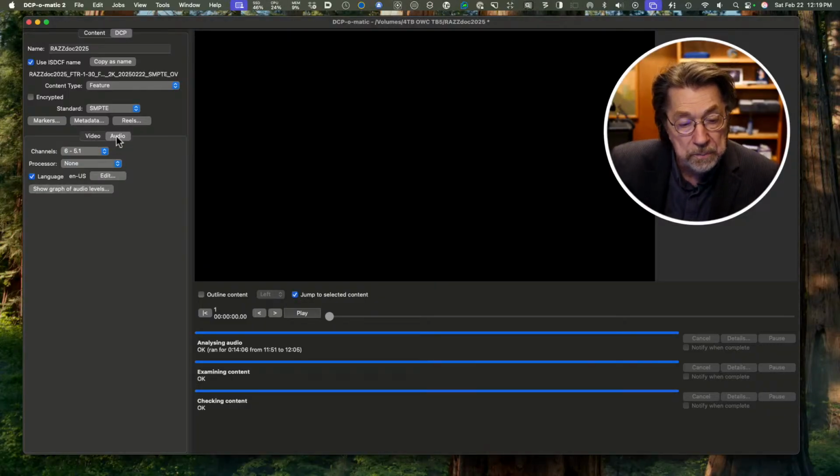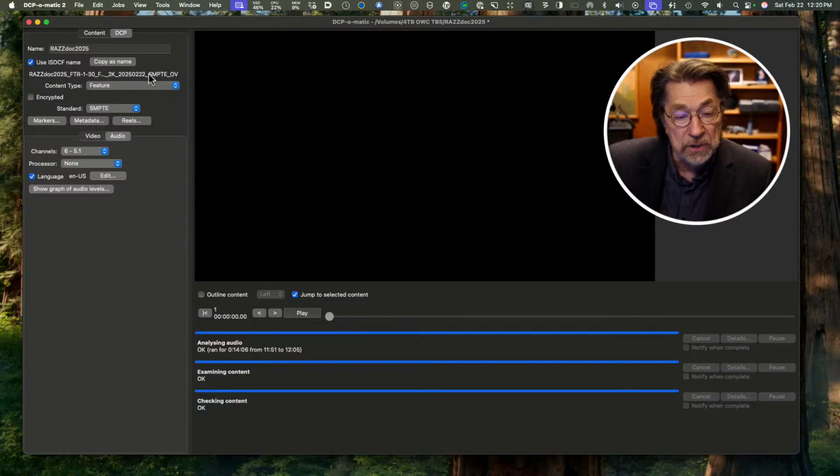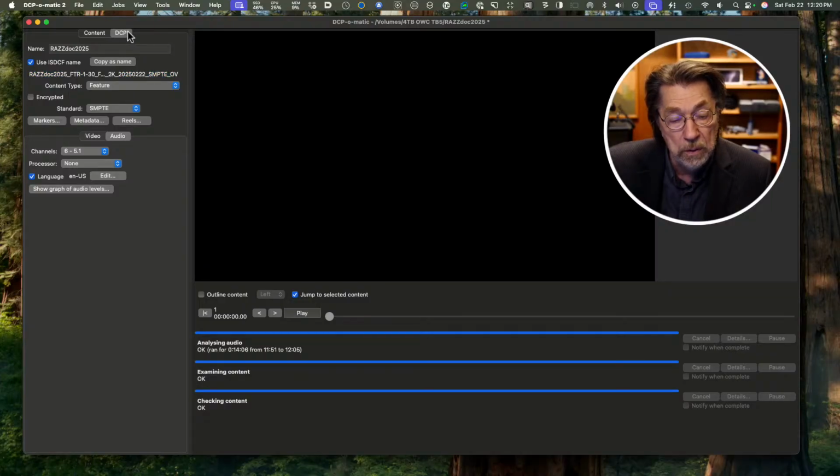For some reason, you have to do 6 channels, 5.1. Stereo wasn't working. It only plays back stereo, even if you have 5.1, but 5.1 seems to be more compatible. There's content. It's a very simple package. It's free. DCP-O-Matic worked very, very well for me.